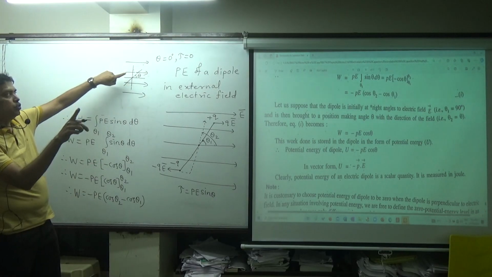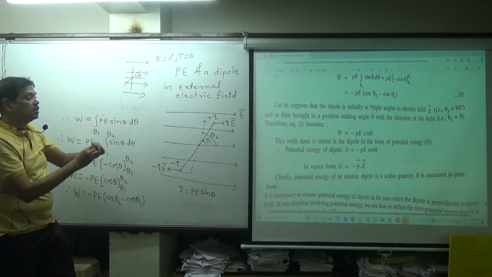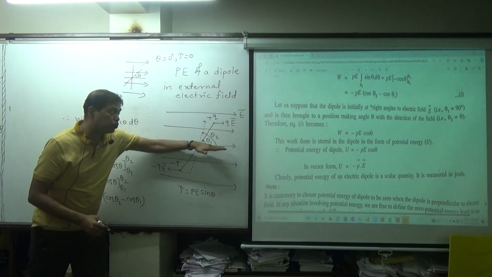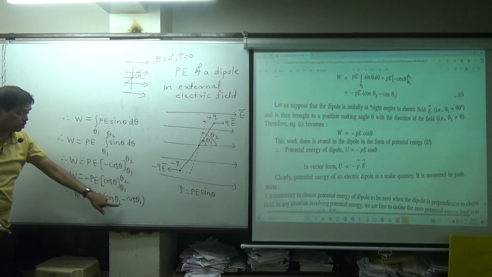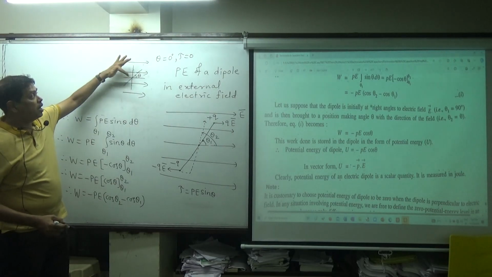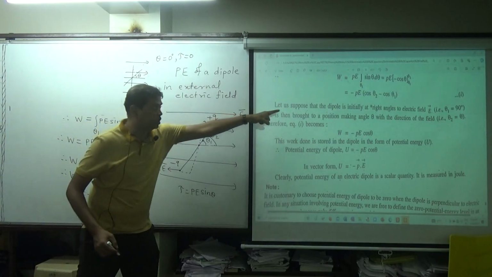So don't get confused: theta 1 was 90, so theta 2 is the angle with what? Theta 2 is also the angle with the electric field. So theta 1 is 90 and theta 2 is theta. You can draw this figure.